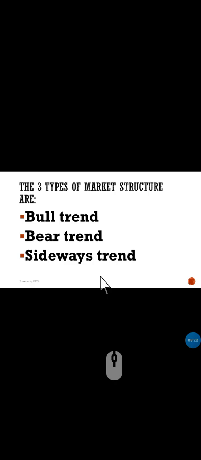Then on the sideways trend or the ranging market, we'll have equal highs and equal lows, and we'll look at each of them for you to understand how they are formed whenever there is movement in the market. So let's go to our chart to identify these trends.